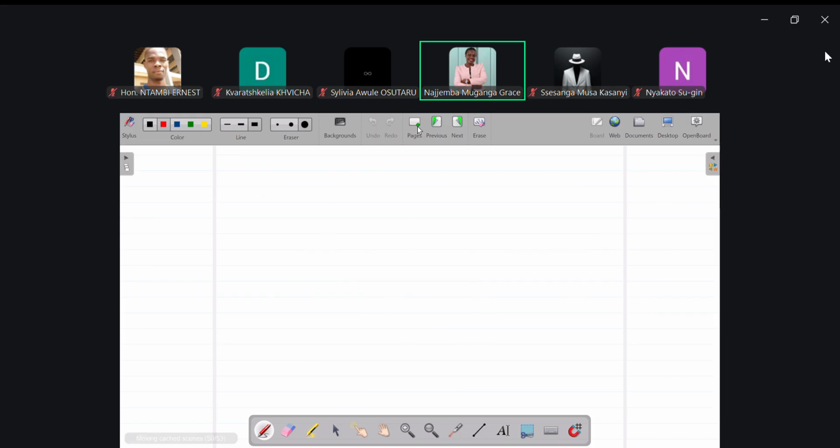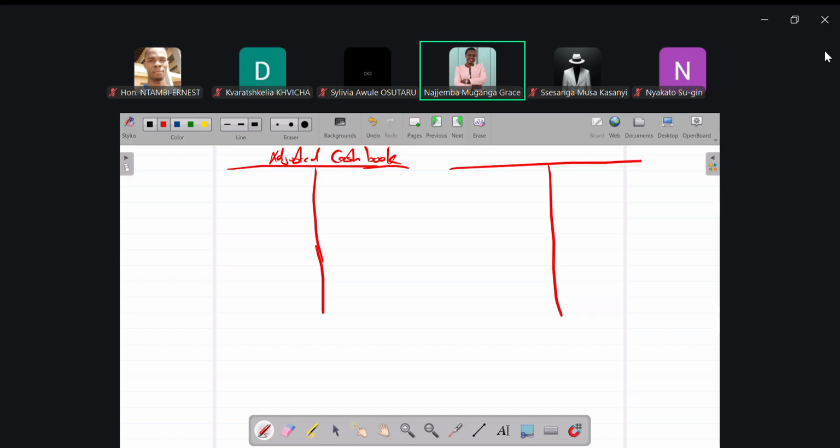So what we have just put down means after ticking off, you will need to prepare the adjusted cash book and the reconciliation statement.